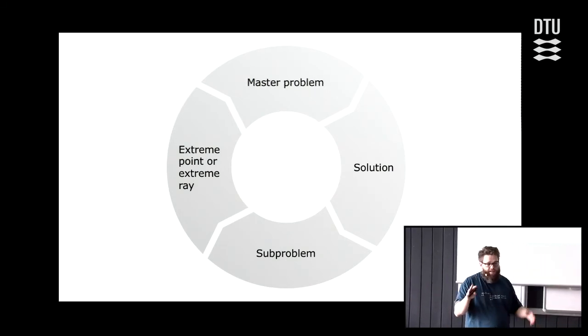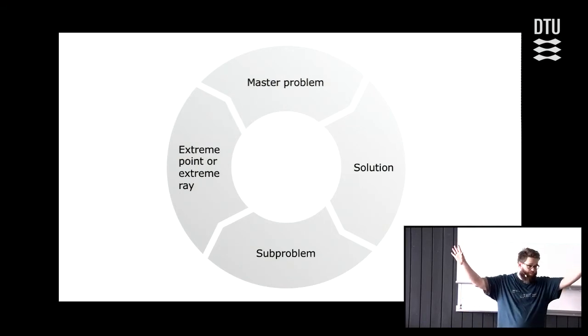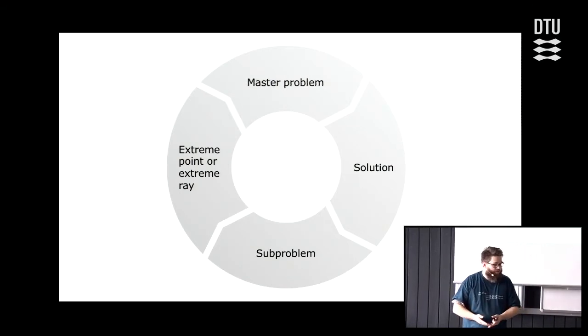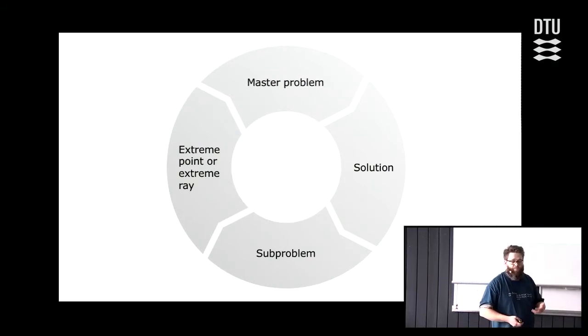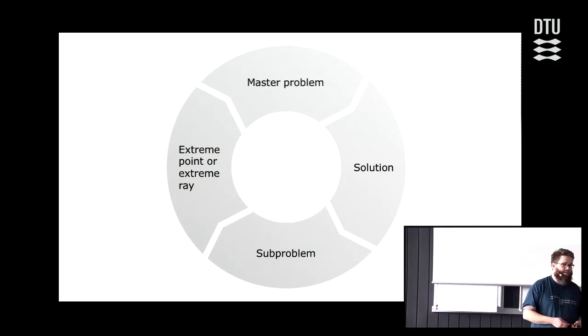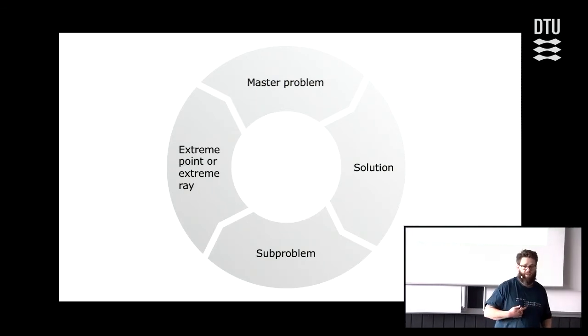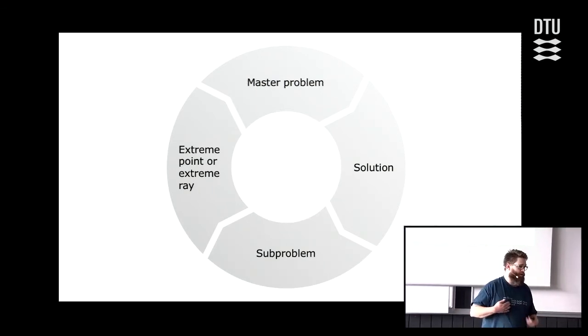What we then do is, given the solution, the time schedule and the room allocation, solve the flow problem, and if it's infeasible, then we have what is called a dual ray, that tells us that there is a constraint that is violated in our master problem.